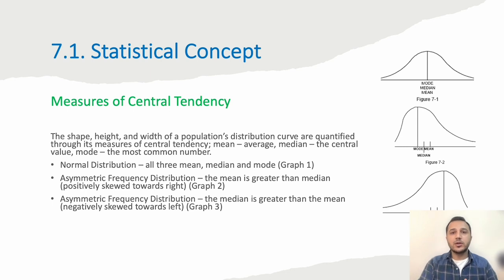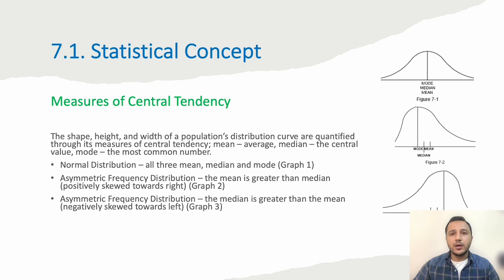If the data starts, let's say, from 2, then goes to 4, then 6, then goes back to 4, and then 2, the numbers move from low to high and high to low in a very systematic order. If that happens, we call it a normal distribution, which means the numbers in the population are very symmetric.